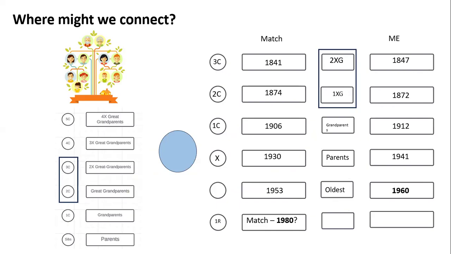And this little chart here comes in handy because we're going back to the birth years of you and the match. And when you plug in this chart, you want to put your birth date in, which is 1960, okay? You start with the oldest match, and you put their birth date in, then you put all the way back, and then you put your match's birth date in and work it back.